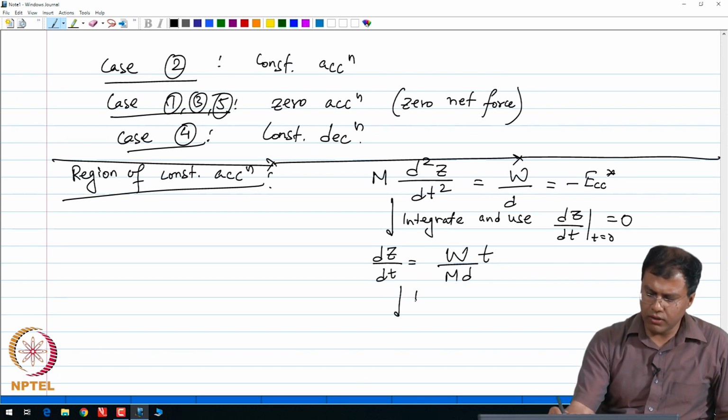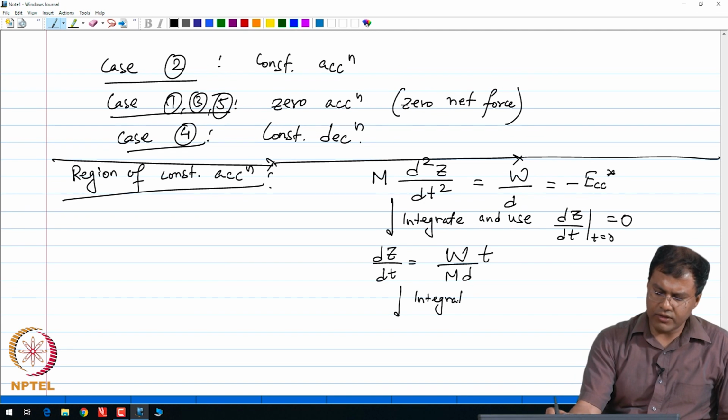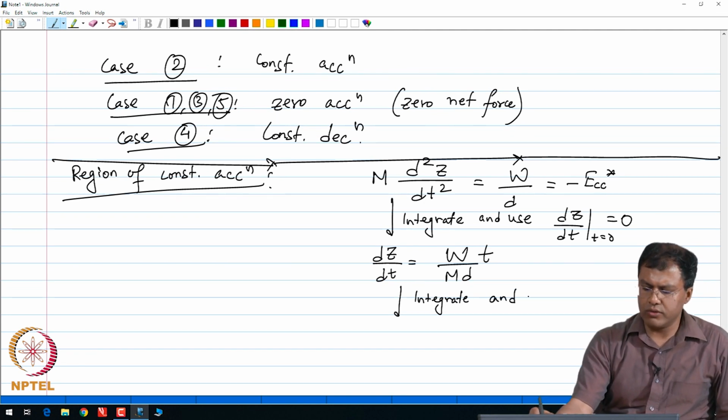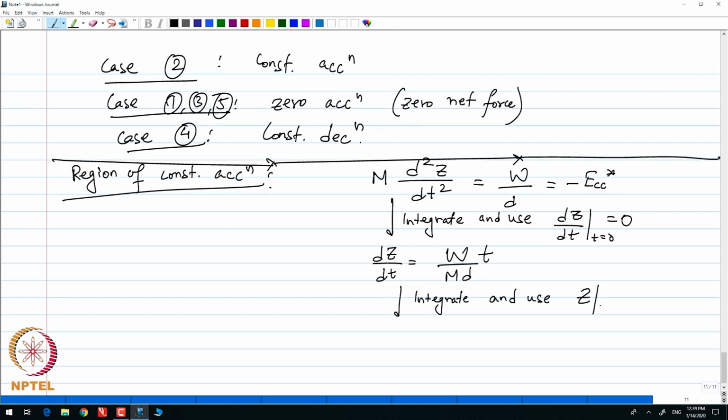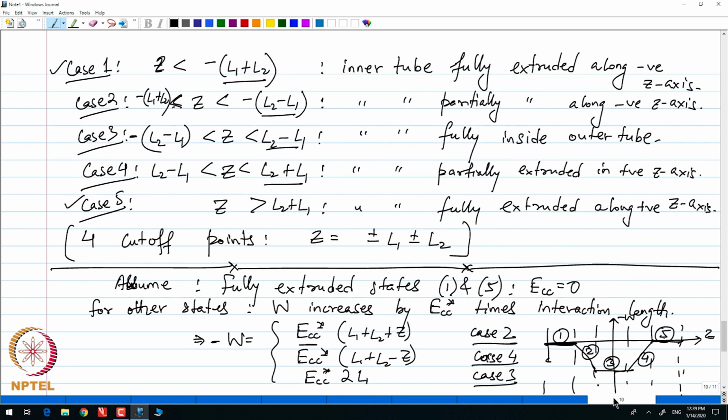Further, we integrate once more, and also use the position coordinate. Note that z at t equal to 0 is at a position coordinate. The boundary point of case 2 is at, so we want to find the value of the position between the boundary points 2 and 3.